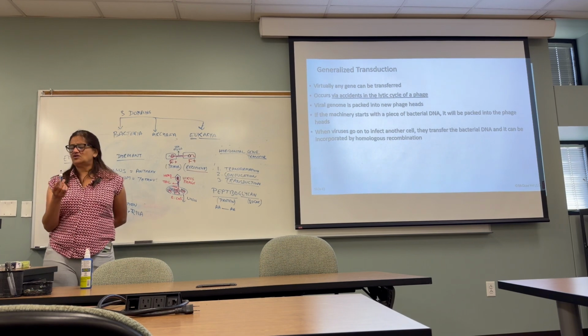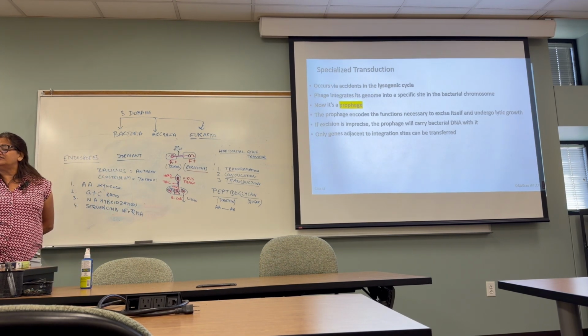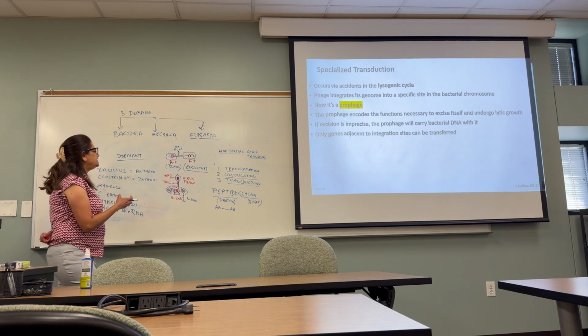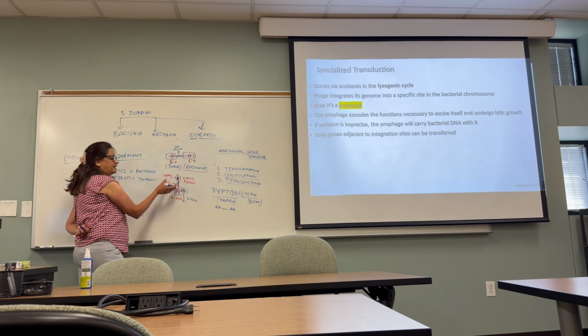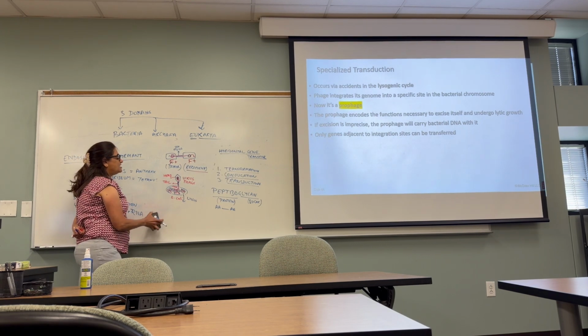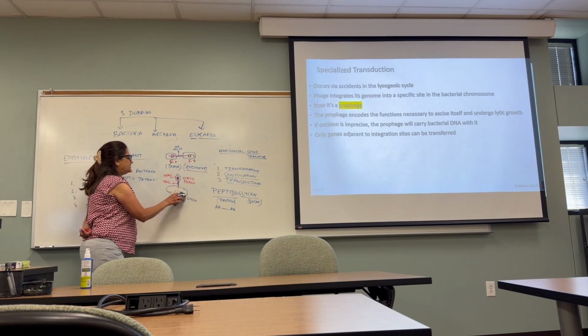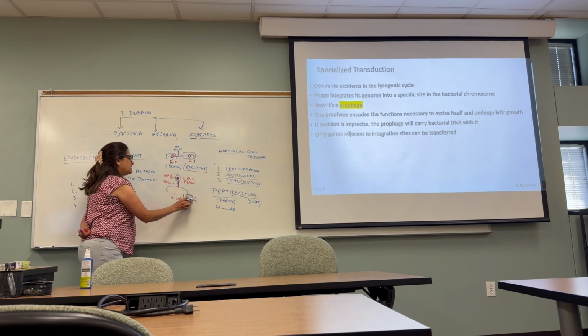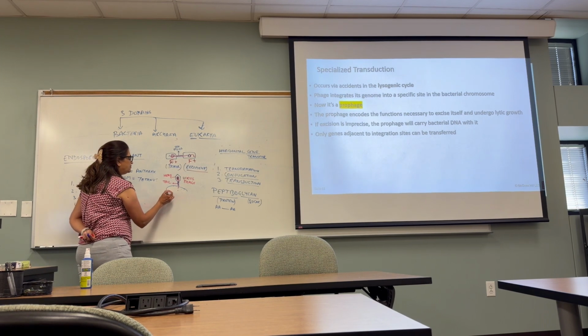That's how generalized transduction happens. But specialized is caused by the lysogenic cycle of the phage. What is lysogeny? In lysogeny, what happens? It's a similar way that they will infect the bacteria, but instead of lysis, what will happen is that the virus is going to undergo this.